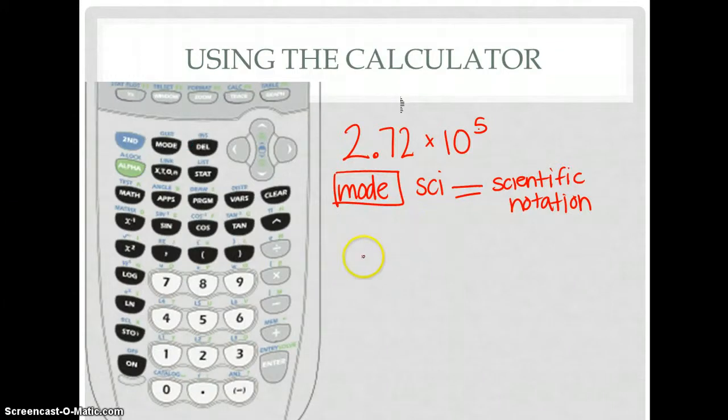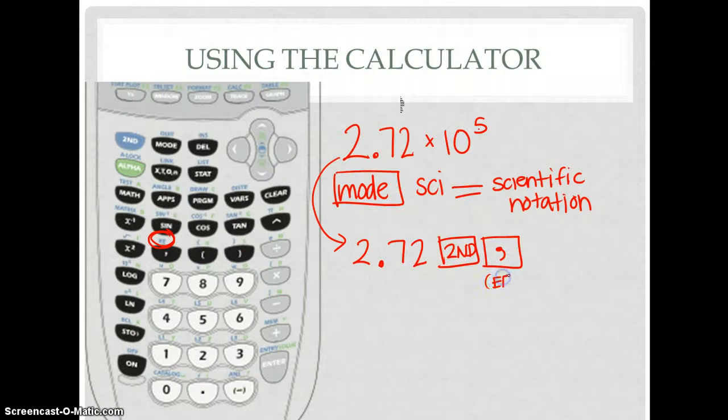The other thing is your calculator can put in a number like 2.72 times 10 to the 5th pretty easily. If you type in 2.72 and then, right above the comma, press the second key, and then it's the comma, but really what you're looking at is the EE, and then type in 5 and press enter, you've just put that number into your calculator.